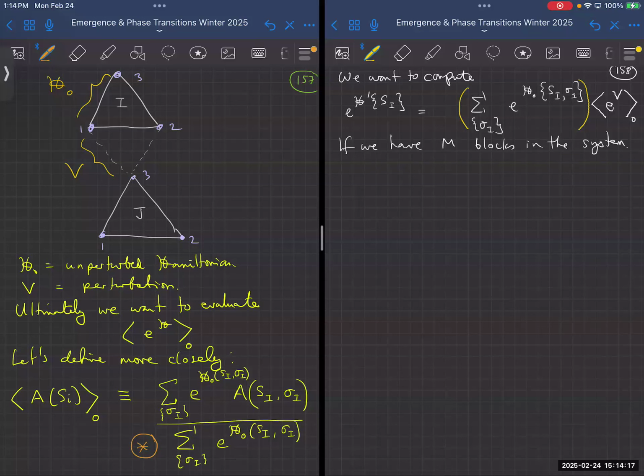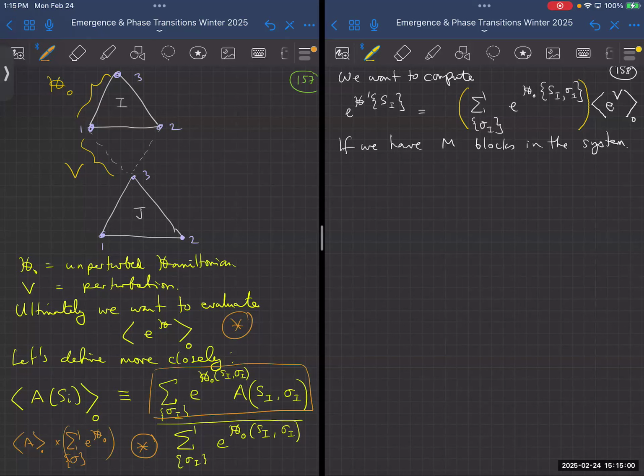So when I want to compute the expectation value of e to the h naught, then the partition function is actually not the expectation value of it, but just the trace over the microscopic degrees of freedom. So I have to multiply by the normalization factor. So that's why that factor is there. So this sigma here is because if I want to compute this object, just this thing over here, that thing is equal to the expectation value times the sum over the sigmas of e to the h naught. Okay. So I just want to make sure that that's clear.